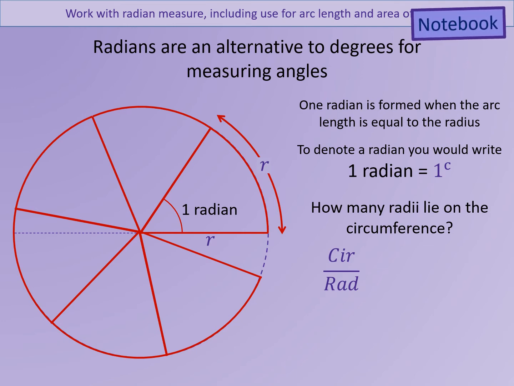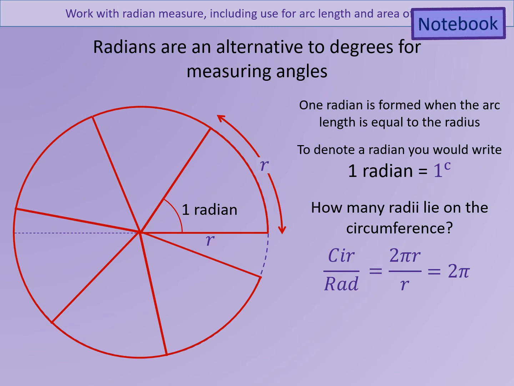So the circumference is 2 pi r. Radius is just r, so the r's are going to cancel in that fraction, leaving us just with 2 pi. So 2 pi is the number of radii we can fit around the circumference, or it's the number of radians that makes a full turn. So we know that pi is the number 3.14, so 2 pi is the number 6.28 something.